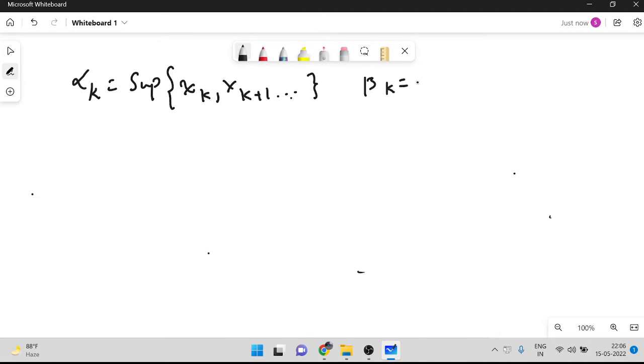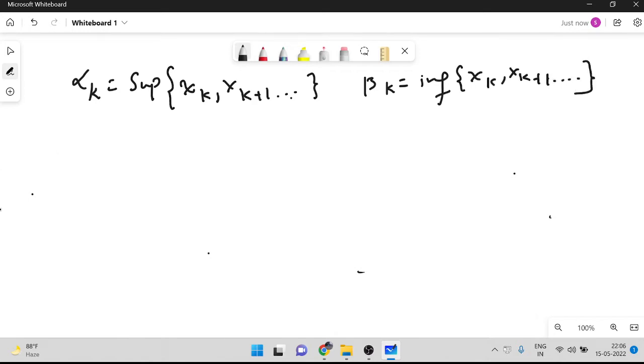Okay. So now alpha k is defined to be supremum of xk plus 1 and so on, and beta k is equal to infimum of xk plus 1 and so on.